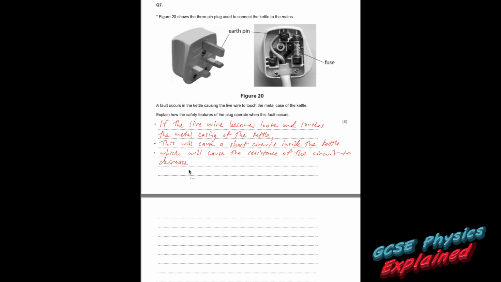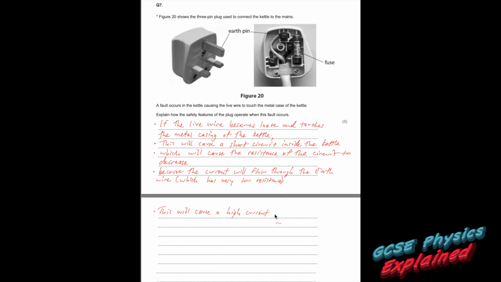Because there's less resistance, the current will increase, because instead of the current going around a high resistance filament inside the kettle, the current will simply pass through the earth wire, which has got very low resistance. Now because there's so little resistance in the circuit, that'll cause a high current.